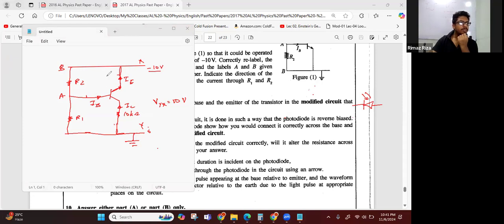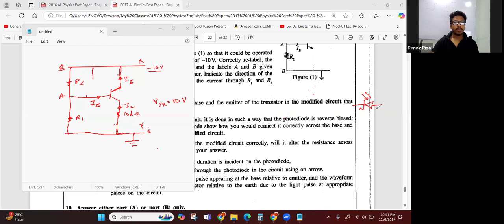How to connect? I think something like this, but I'm not sure.